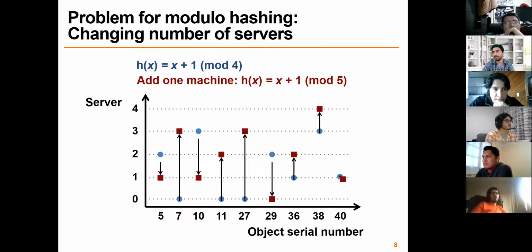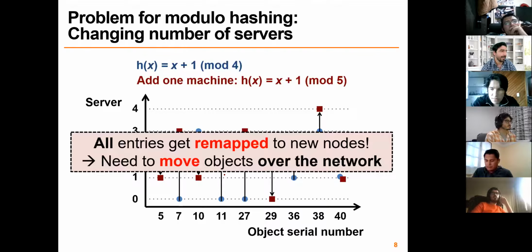You remember, if you added new nodes when we were talking last week about distributed hash tables, you need to move data from this one to this one, because now this is the one that holds those certain IDs. So a lot of changes should happen here, and all entries get remapped to new nodes. We need to move objects over the network, because this now follows that equation. This is a new placement. So that's an issue if you just follow these methods.